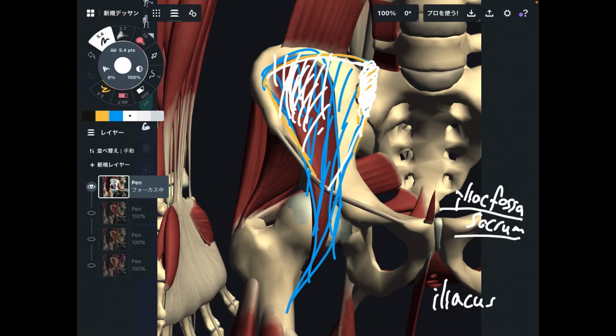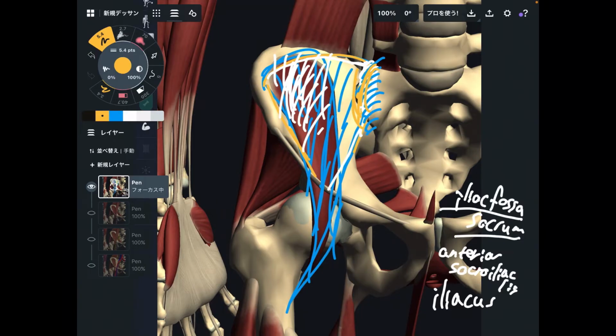Then there's more attachment. Let's say there's a ligament around the sacroiliac joint. Iliacus attaches to the anterior sacroiliac ligament. This sacroiliac ligament connects the sacrum and ilium.